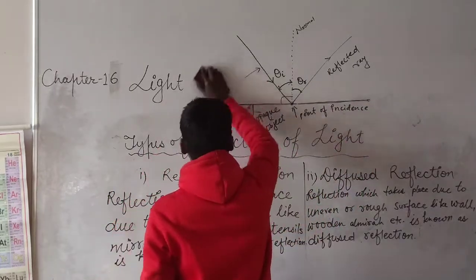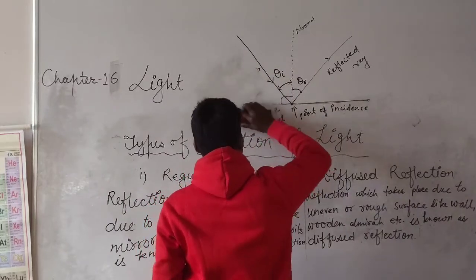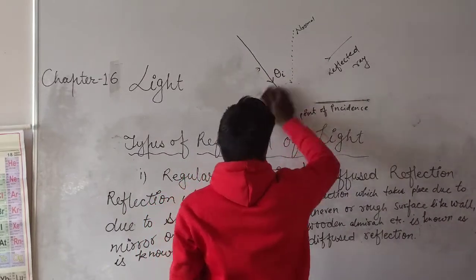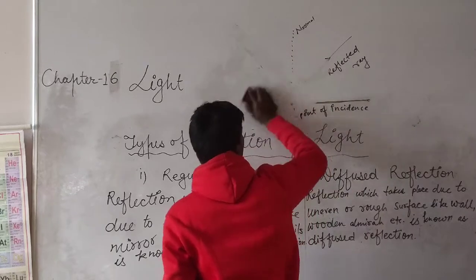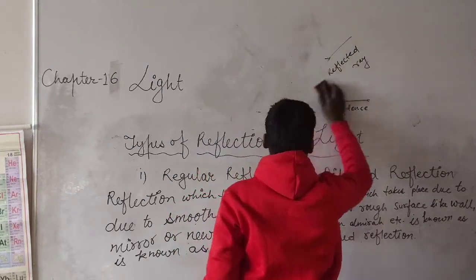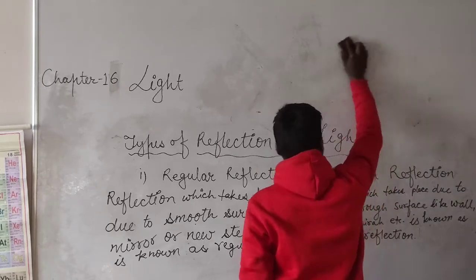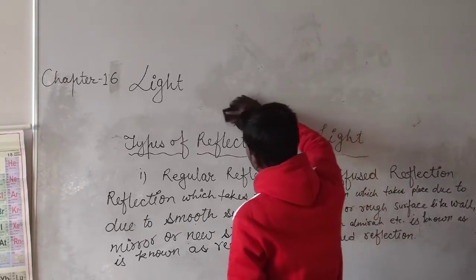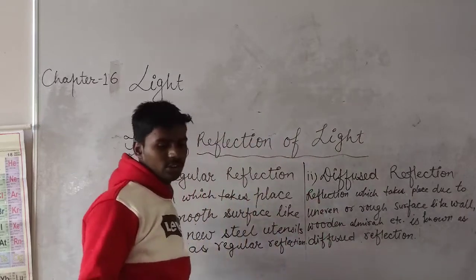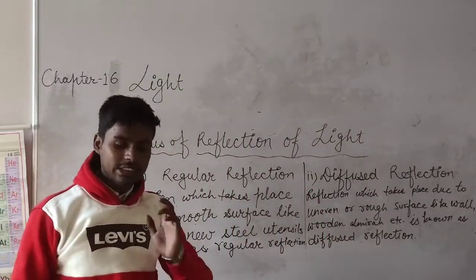So this was the first rule we have discussed: the incident ray, the reflected ray, and the normal at the point of incidence all lie in the same plane.